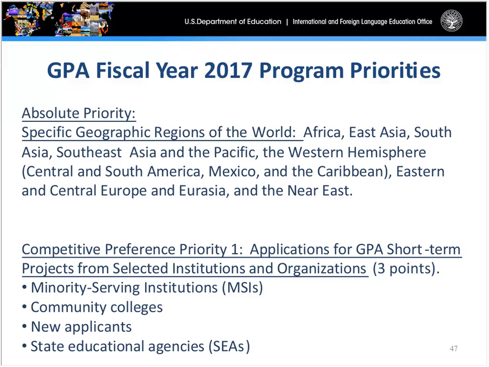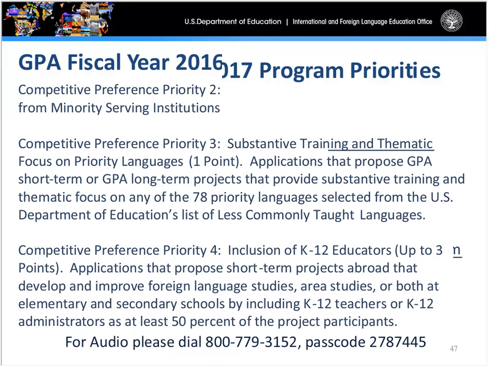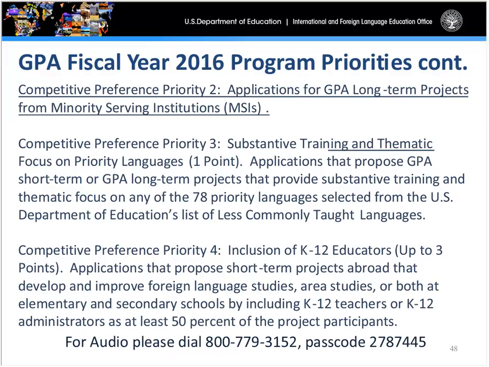For the competitive preference priority number 2, we're looking for the long-term projects if you are from MSIs, minority-serving institutions. And here is the language as it relates back to the competitive preference priority for number 2. It's actually located in your application and in the Federal Register. I highly encourage you to take a look at the actual language itself. As far as the definitions for community college, MSIs, they're all outlined in the NIA as well as your application booklet.